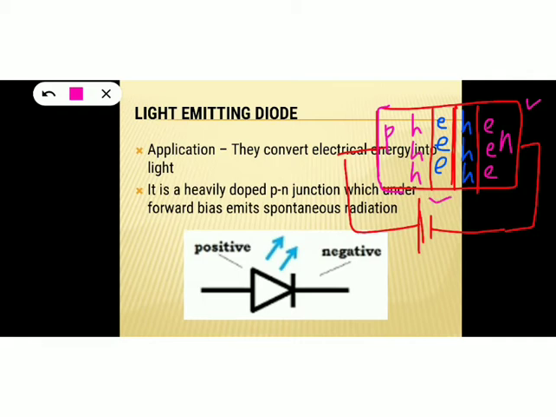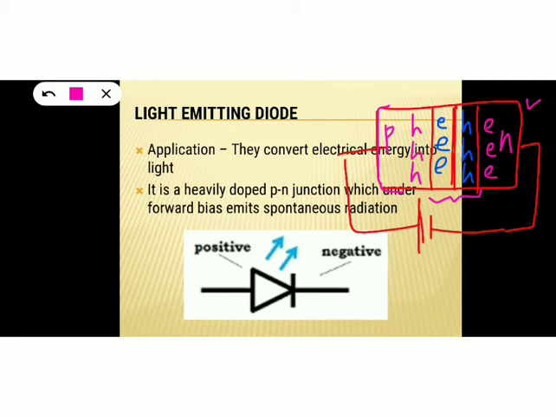This is the depletion layer. Near the depletion layer or within the depletion layer, minority carriers are present. Minority carriers are denoted by the blue color. So electrons and holes, which are the minority carriers in the respective regions, are represented by the blue color.